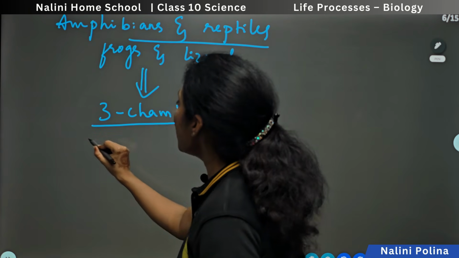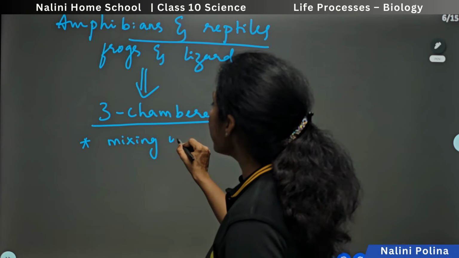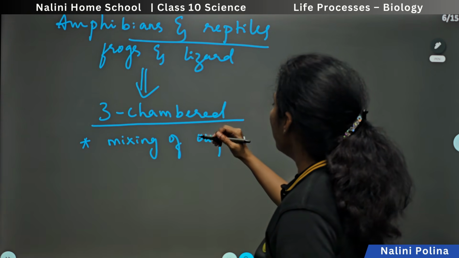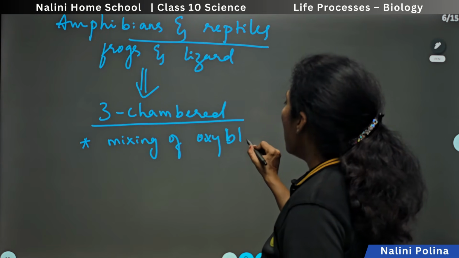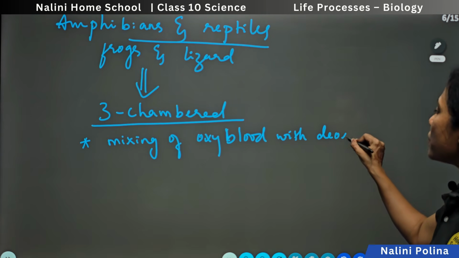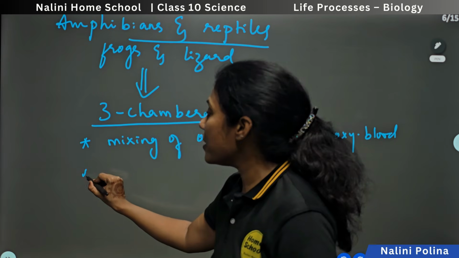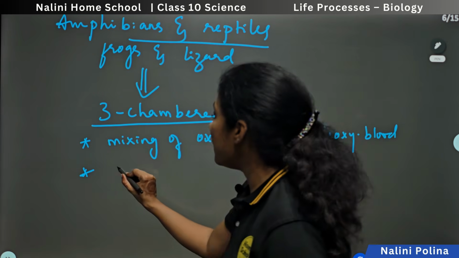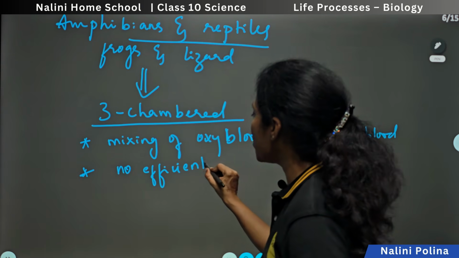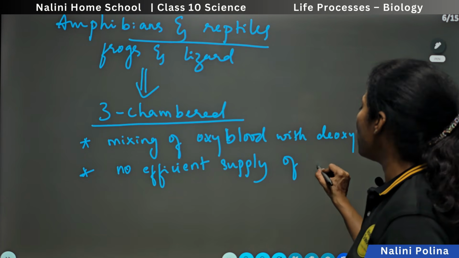Because they have a 3-chambered heart, you will observe mixing of oxygenated blood with deoxygenated blood, guys. Because there is mixing of oxygenated blood with deoxygenated blood, there is no efficient, continuous supply of oxygen.